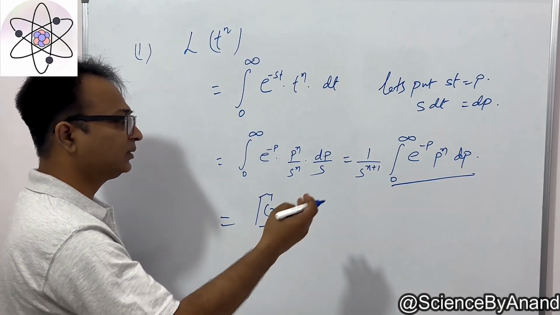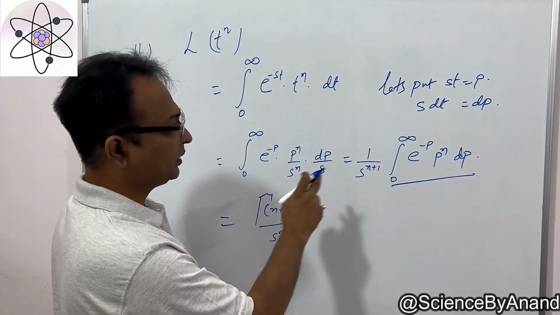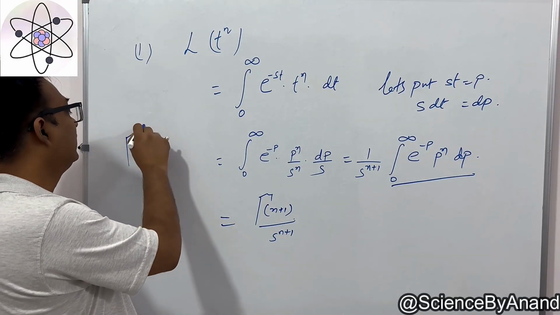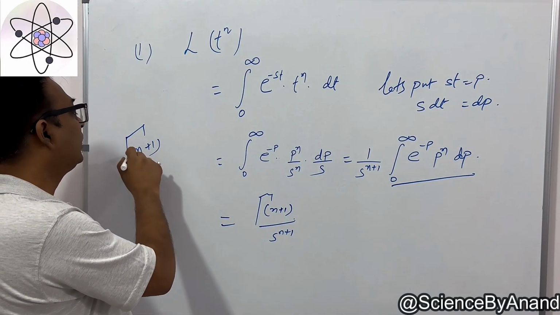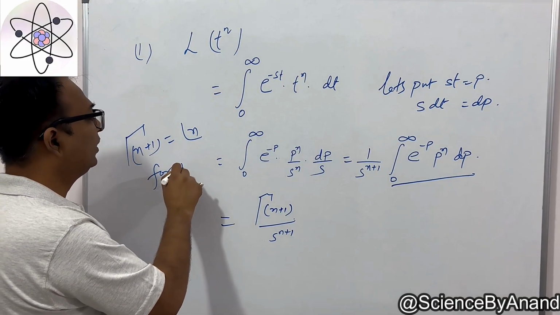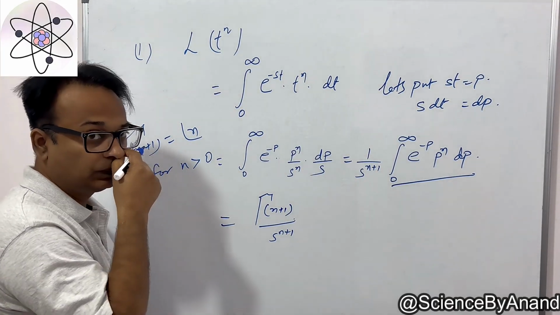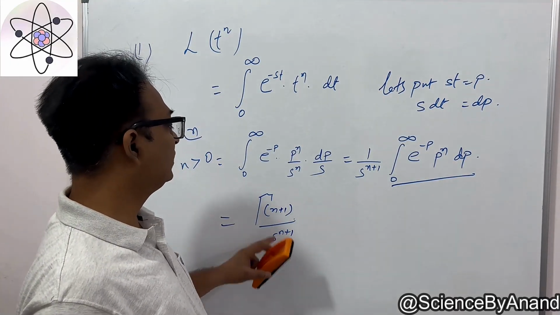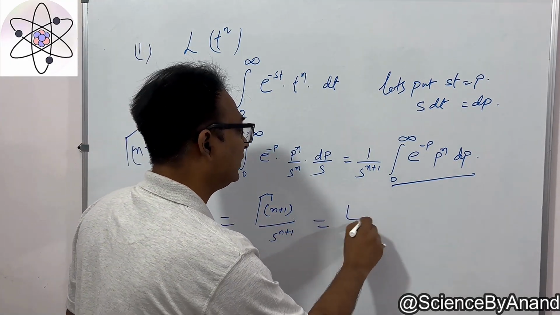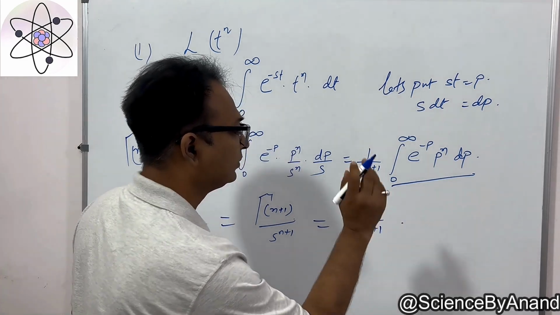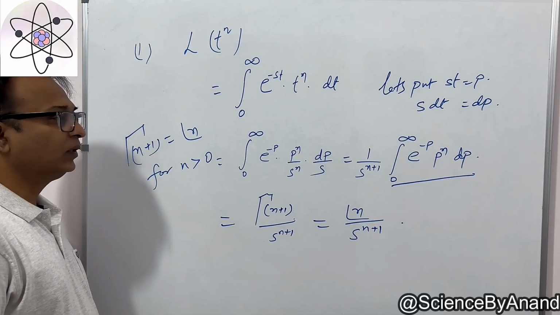So putting n minus 1 equal to n, this is n plus 1. And we have a value that gamma n plus 1 is given by factorial n for all n greater than 0. So if n is greater than 0, this is equal to factorial n. This is the result.